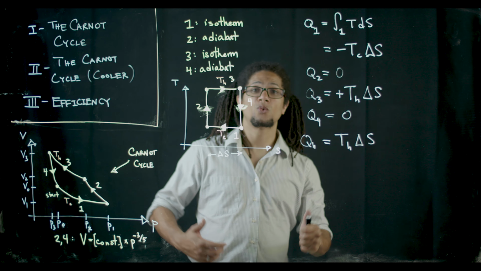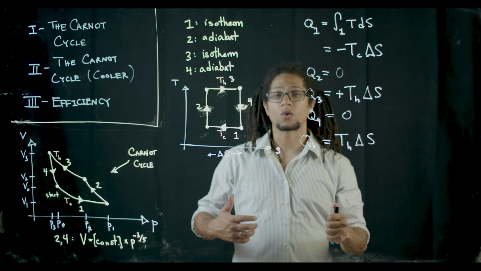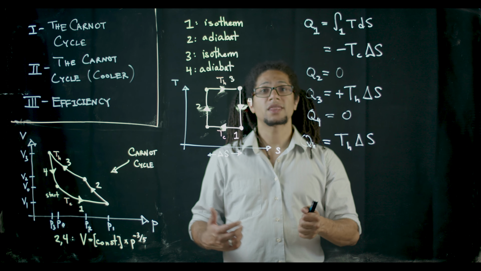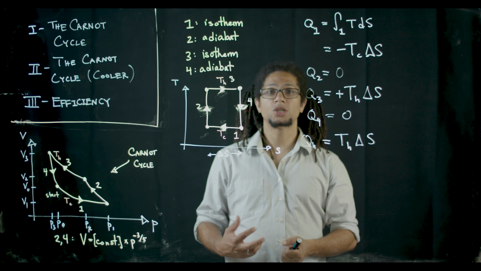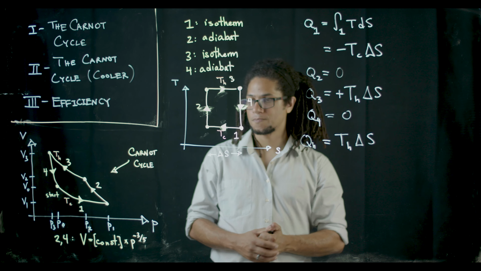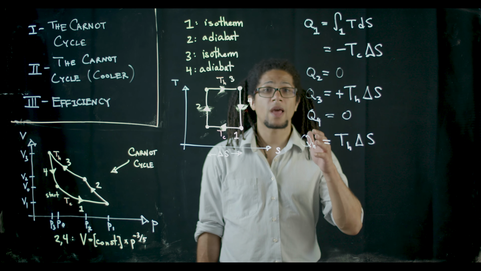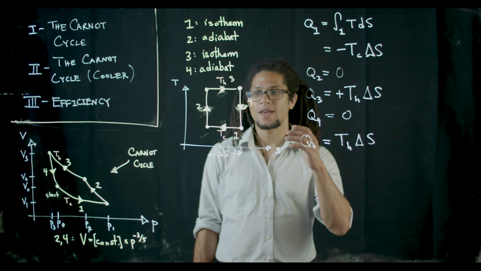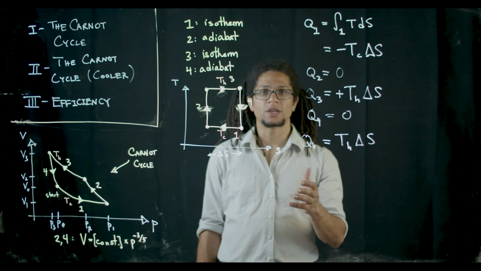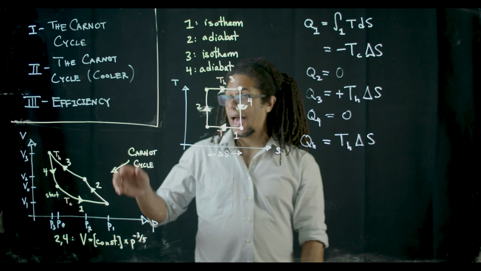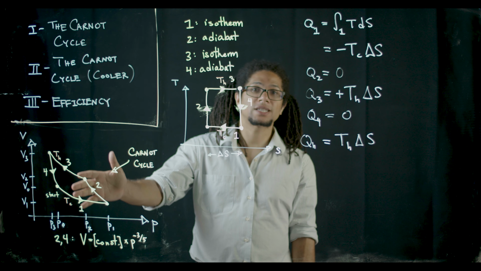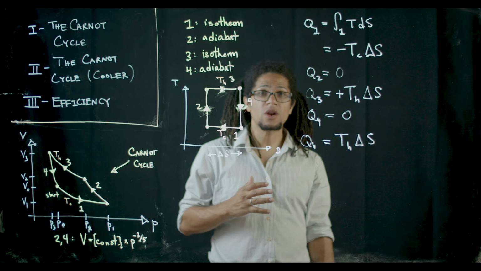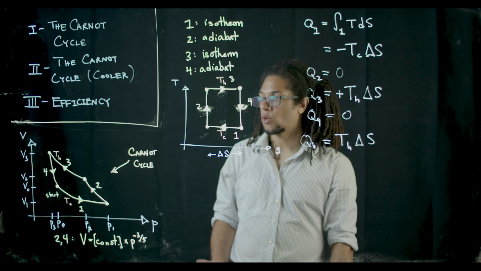On the other hand, what is the work done as we go all the way around? Now, there are a variety of ways that we could do this, but I think just for calculation practice, let's do it in our new coordinate system. Okay, so now what is the work done as we go around this cycle? Now, there are a few ways that we could do this. One of them is to go back to this diagram. Because these diagrams communicate the exact same information, we can use either one of them to compute whatever quantity we want.